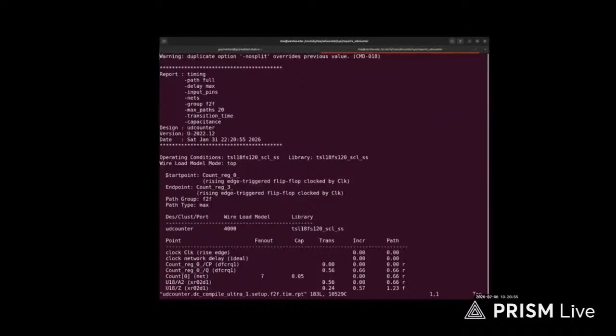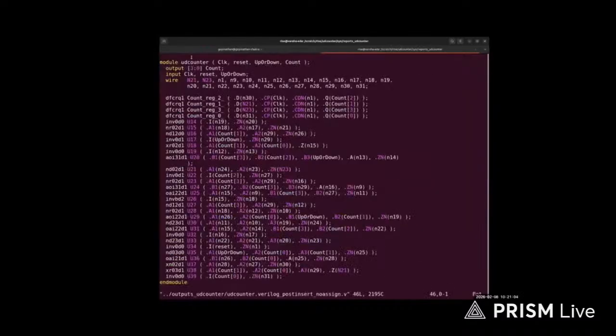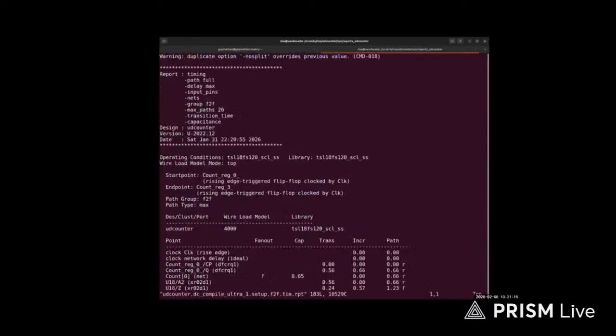So here the start point is count reg 0 and the end point is count reg 3. Between these two there are some combinational cells present, and that path only we are going to analyze. Clear? Yes, sir.